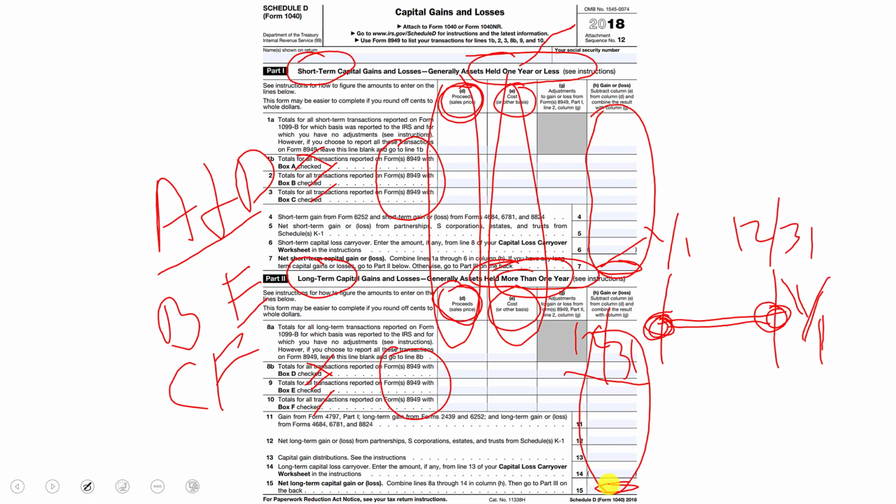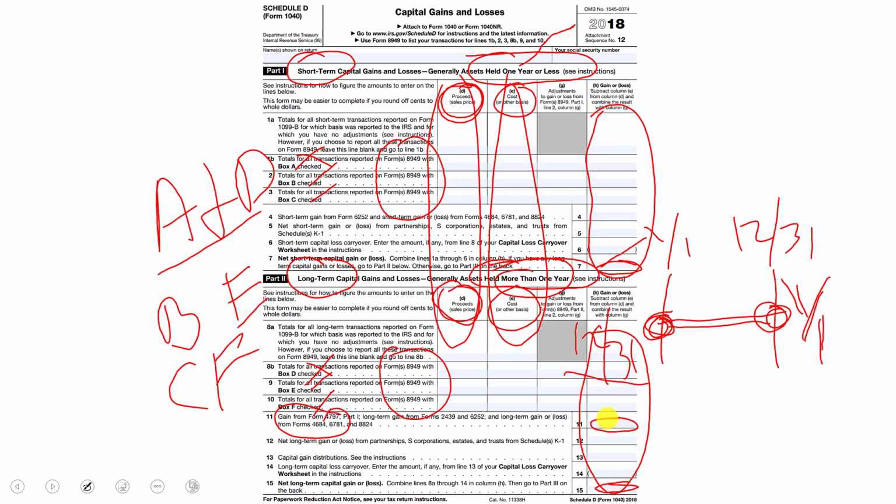Keeping in mind that some business assets can qualify for the so-called net Section 1231 gain, which is going to be calculated on another form right here, 4797, and combined with the long-term items on this Schedule D. So now we have to go to other forms to grab numbers here.